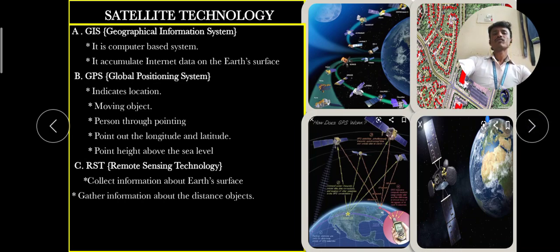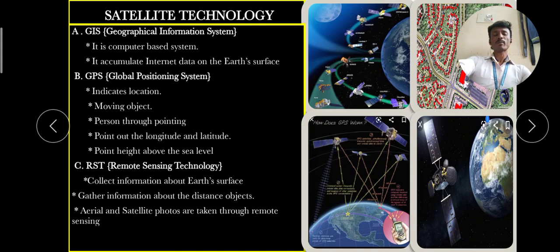And it gathers information about distant objects. It means photography from the sky and from land, from ocean, from river, from forest, from hilly areas. Photography also we can get through the remote sensing technology. And aerial and satellite photos are taken through remote sensing.